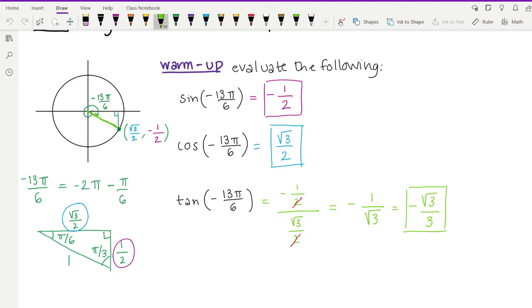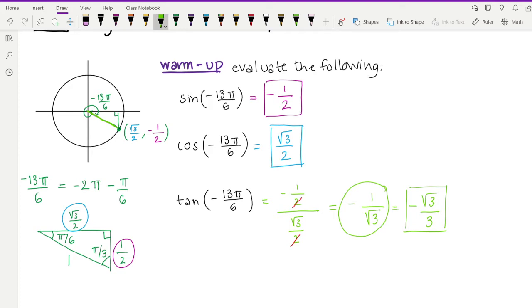But actually, I think it'll be more useful to go back to this version, because notice that these two numbers are the same. It's just two different ways of writing the same number. But remember, we're going to be taking the reciprocal of this number. So if we take the reciprocal of negative 1 over square root of 3, then the square root will be in the numerator. Whereas if we take the reciprocal of this other one, the one in the box, the square root will be in the denominator, and we'll have to rationalize the denominator again.